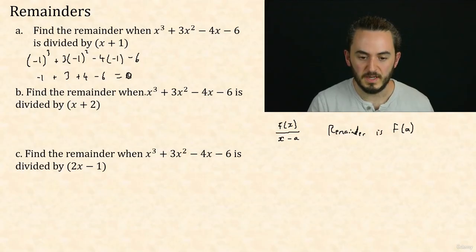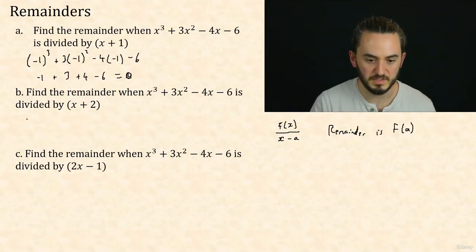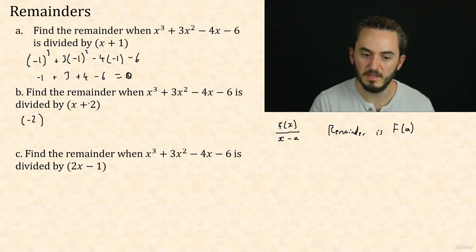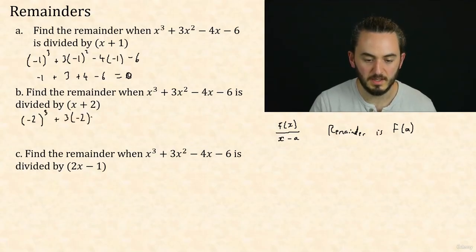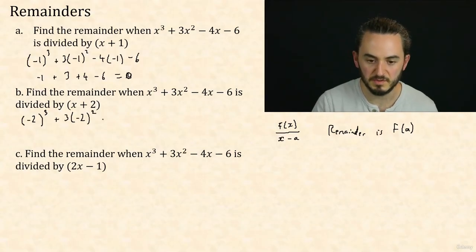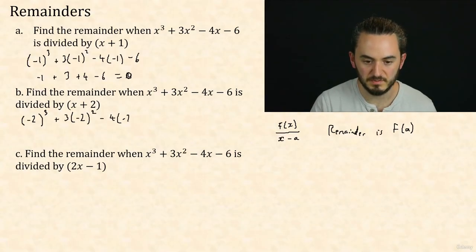Okay, find the remainder when this term is divided by x plus 2. Well, we just need to sub negative 2 into that. So it's always the x value that would make this bracket 0 that you sub in. So negative 2 cubed plus 3 times (-2) squared, minus 4 times (-2), minus 6.